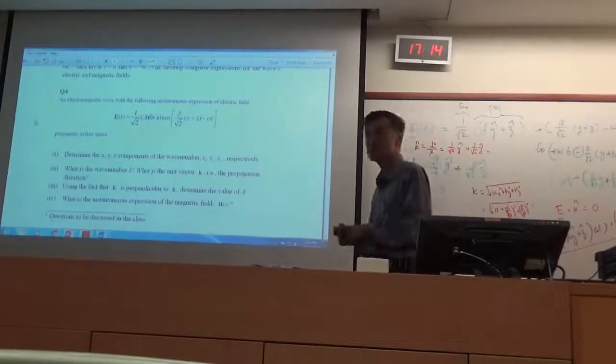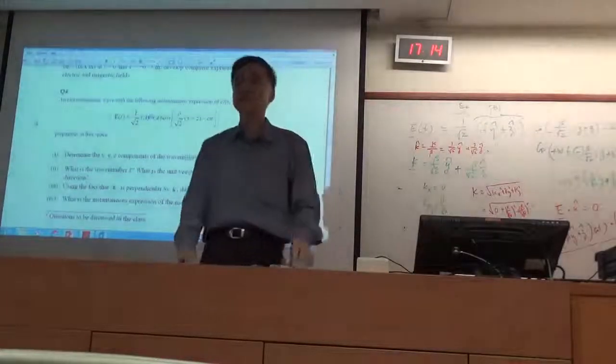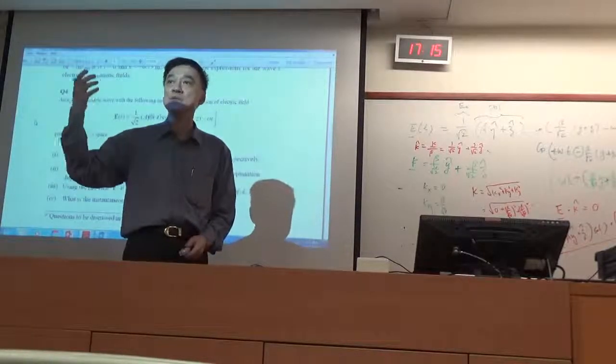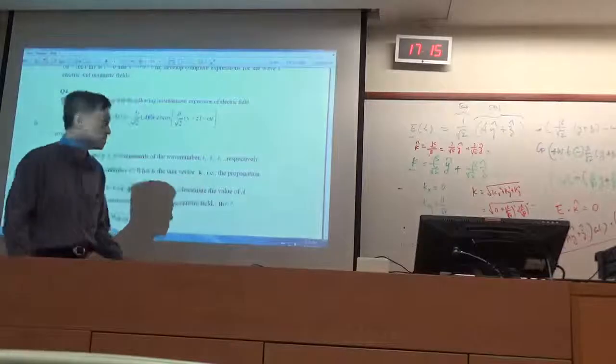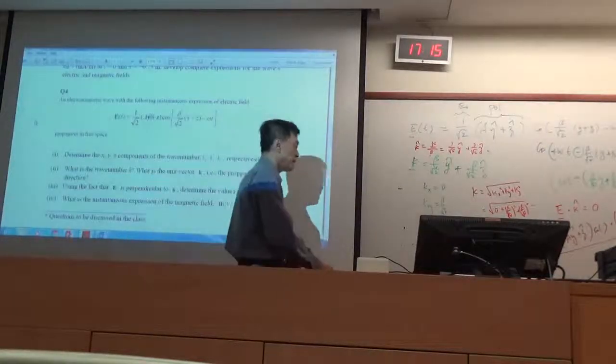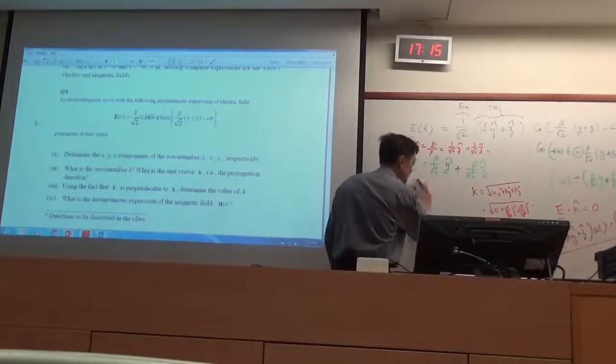Got that? E dot K must be equal to 0, because the two vectors are perpendicular to each other.